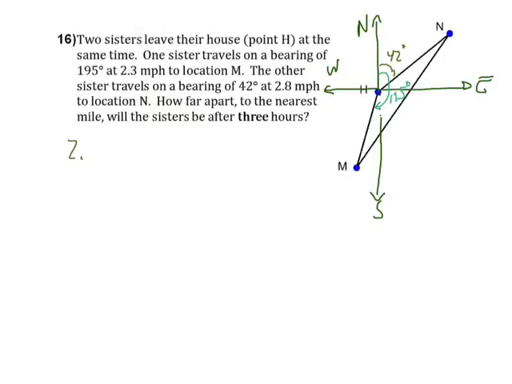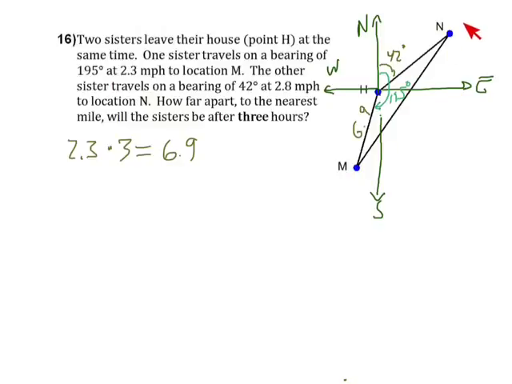How far will the first sister travel if she's going 2.3 miles per hour for 3 hours? Well, she's going to be 6.9 miles. So 2.3 times 3 gives us 6.9. So that's how far M will be.